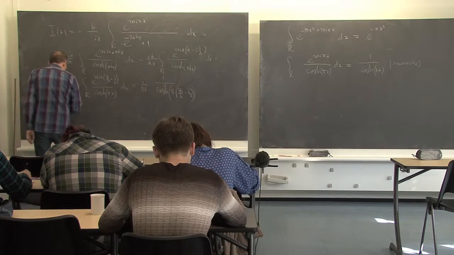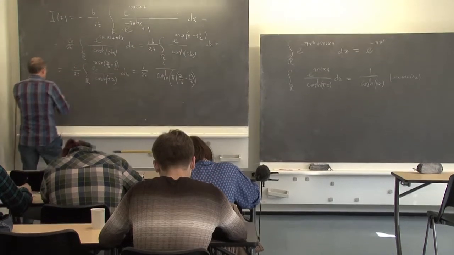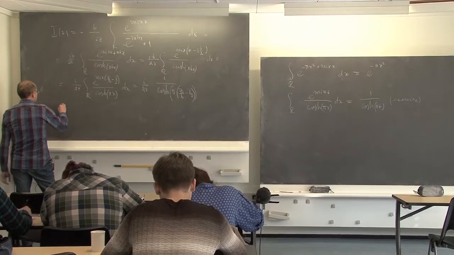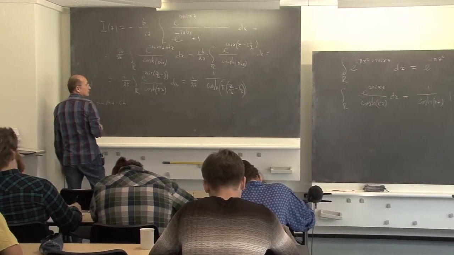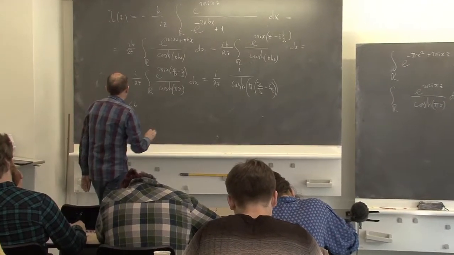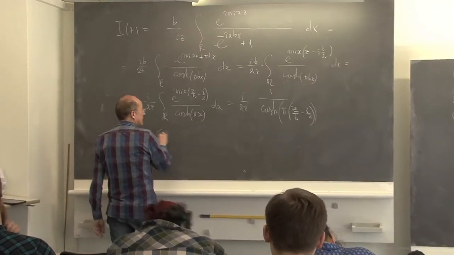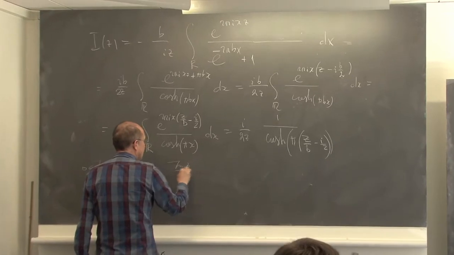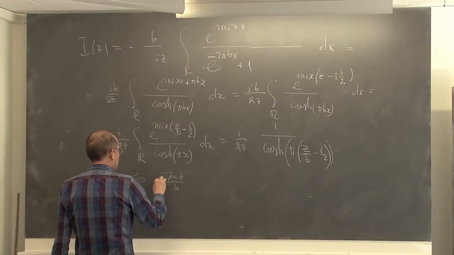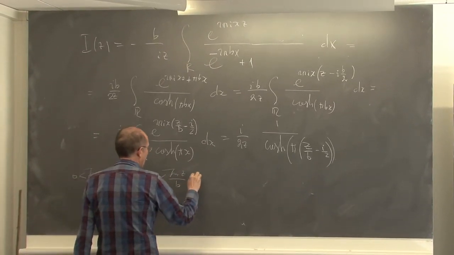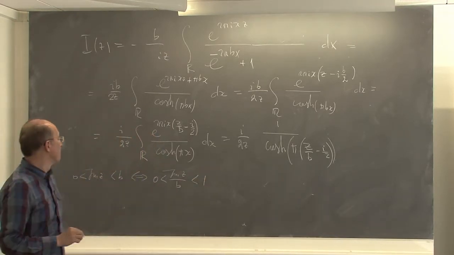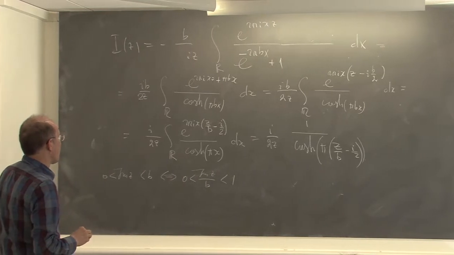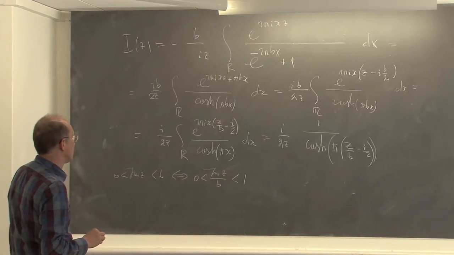But what was the condition for z initially? We had the imaginary part of z less than b, but bigger than 0, which means that the imaginary part of z divided by b is bigger than 0 and less than 1.